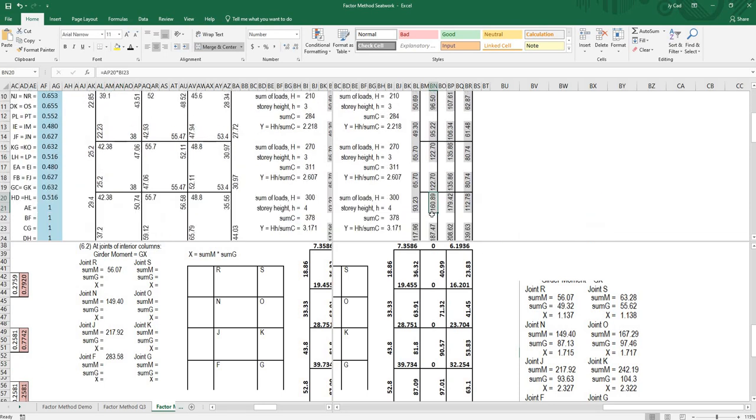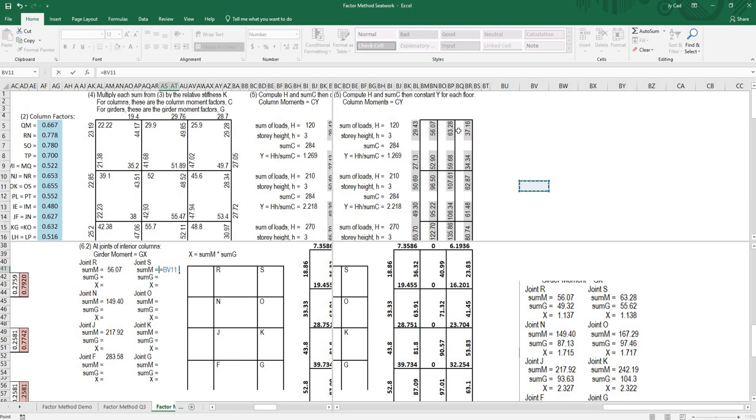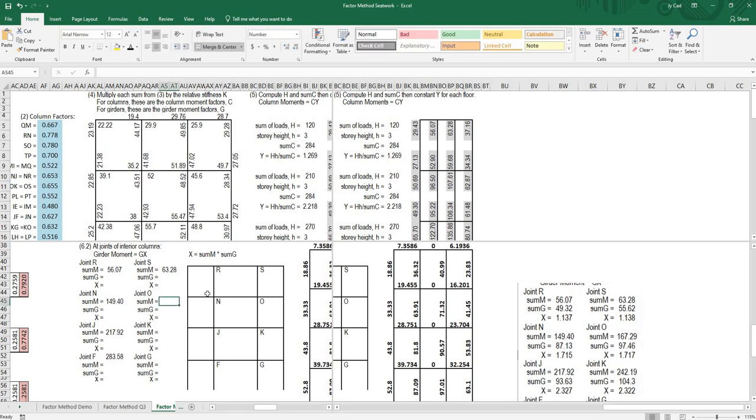And then, dito naman sa joint S, summation moment is equal to 63.28 plus 0 sa taas. Tapos ito naman, these two, 107.61 plus 59.68, 167.20. Then same procedure here sa joint K and joint G.